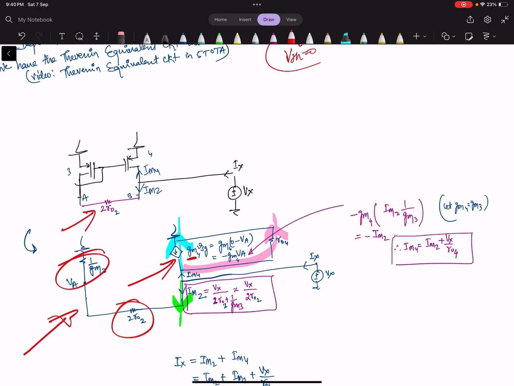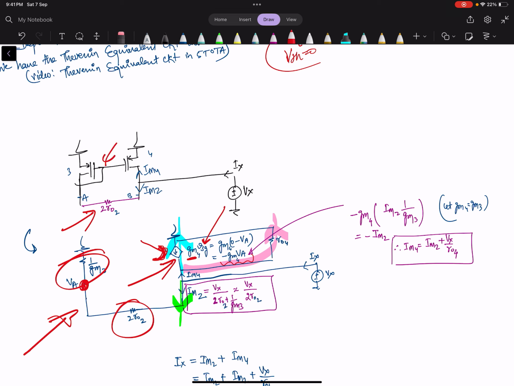Since it is a PMOS, the current direction will be from source to drain, and the magnitude is defined by the VSG. Okay, current is from source to drain and the magnitude is defined by GM-VSG. If we calculate this, it will come like this, minus GM4 VA. VA is this because the gate is connected.